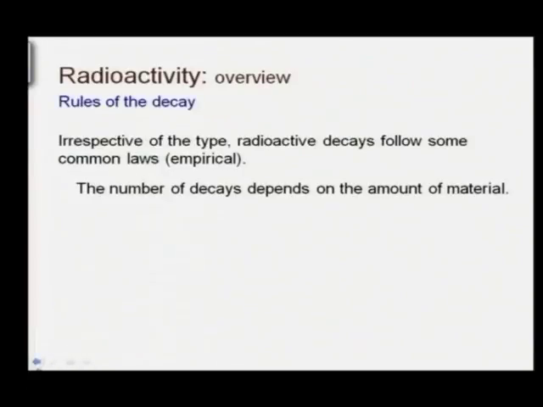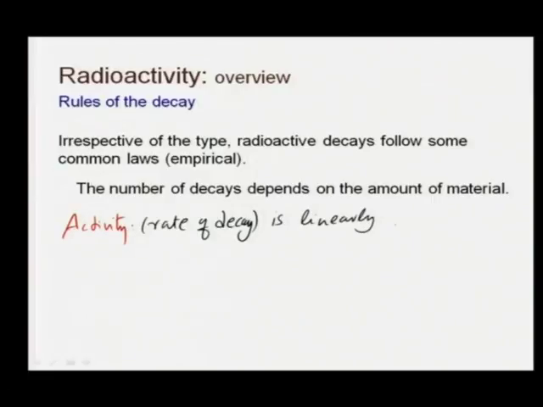It means that if you look at the decay rate, let me call this the activity, so this is basically the rate of decay, it is observed that this activity is linearly proportional to the number of nuclei present in the sample.